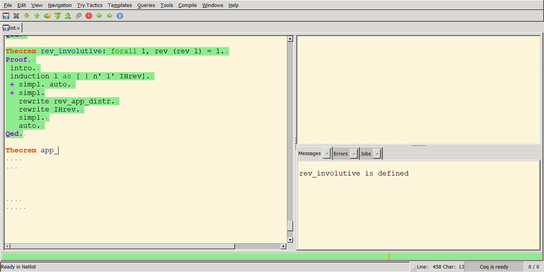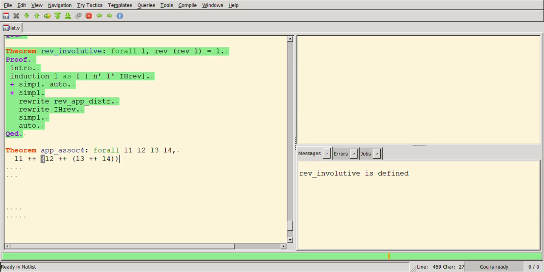So append associative, but with 4 lists: for all L1, L2, L3, L4, L1 plus plus, L2 plus plus, L3 plus plus, L4.